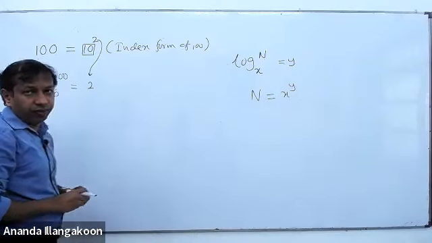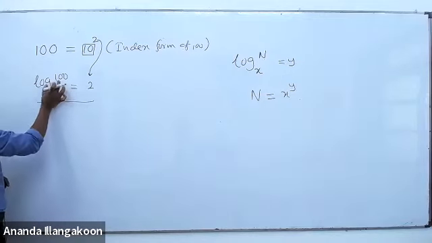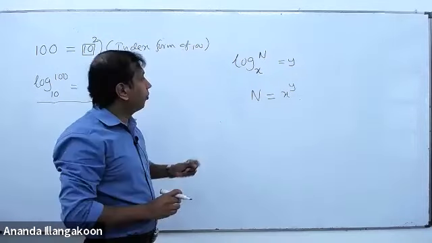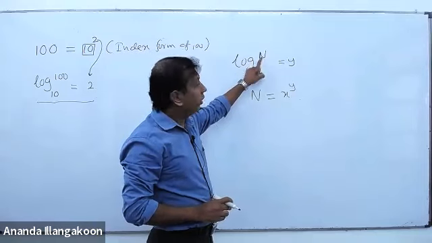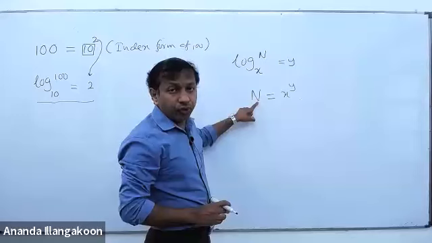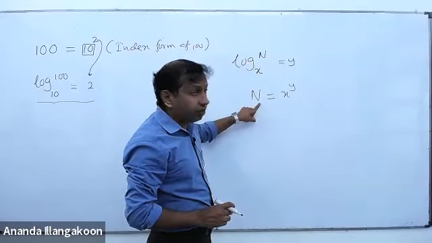So when we have a logarithmic form of a number, logarithmic form of n here, that can be converted to index form again. Let's see how to convert this logarithmic form to index form.